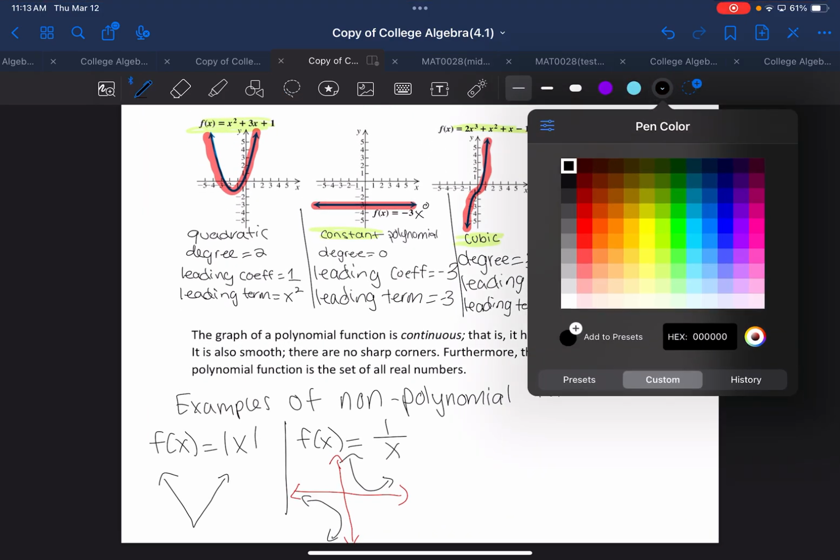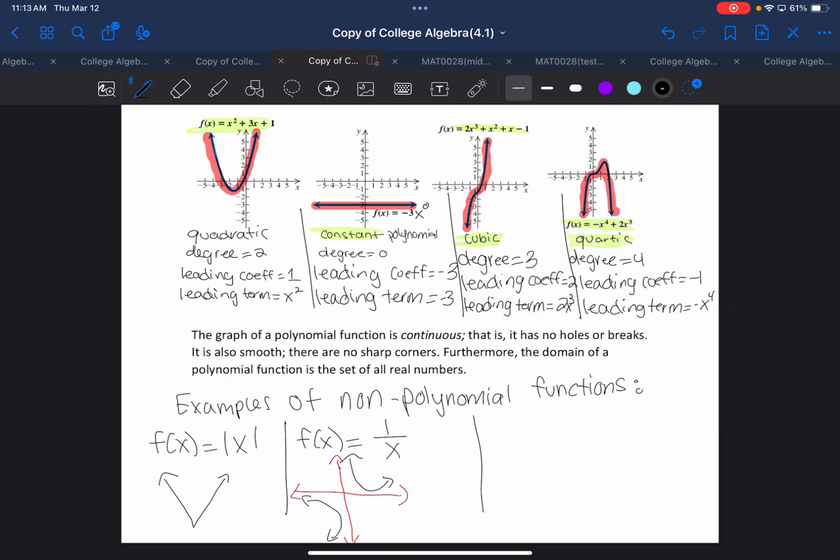This is not a polynomial function. Visually, it's not because there's a break in my graph. There's a complete hole in between, an imaginary line in between these 2 parts of the graph. See, the black parts are not touching that axis. So there's a skip in my graph, so it's not continuous.